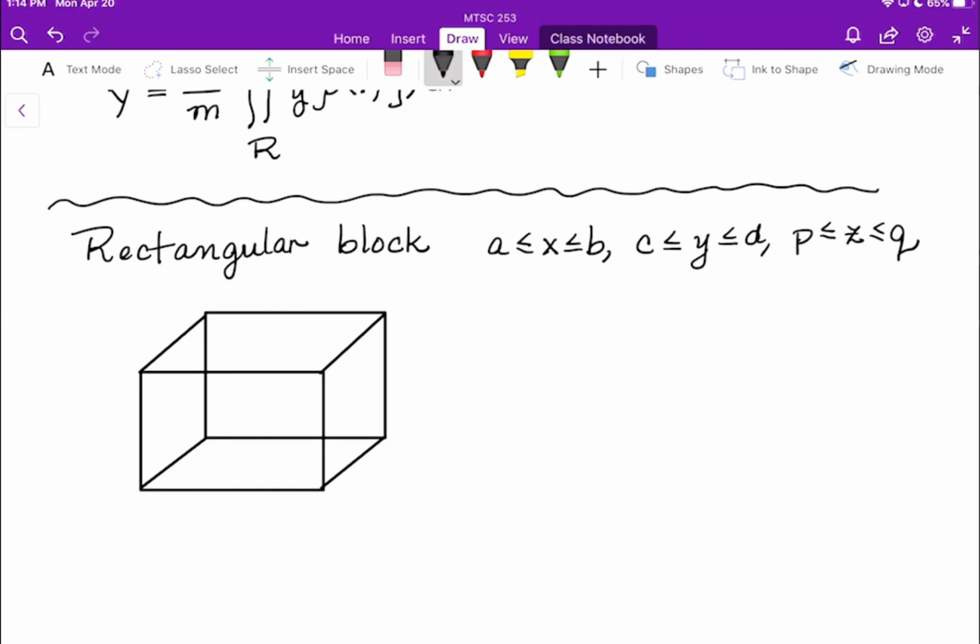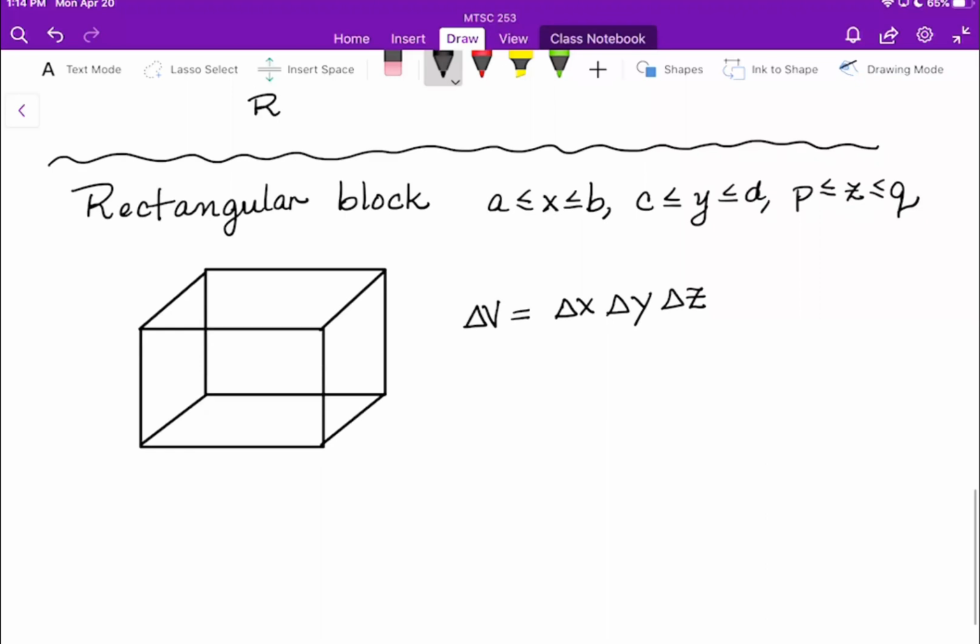And it's a very small rectangular block, very, very small. So its volume is simply the change in x times the change in y times the change in z.